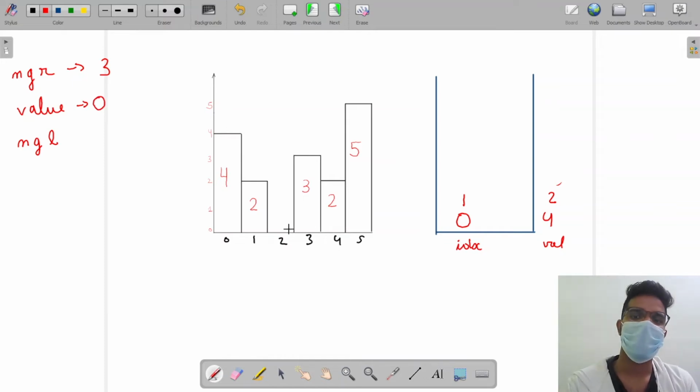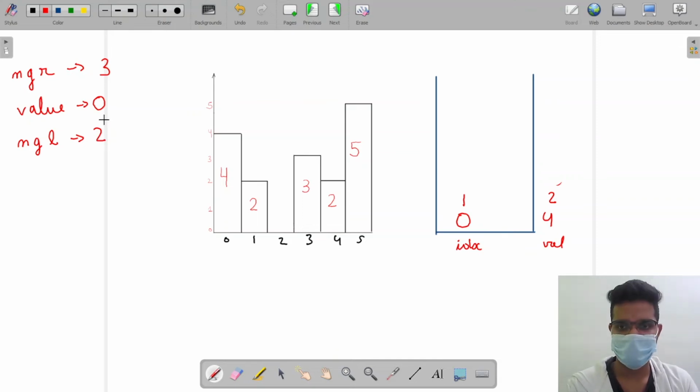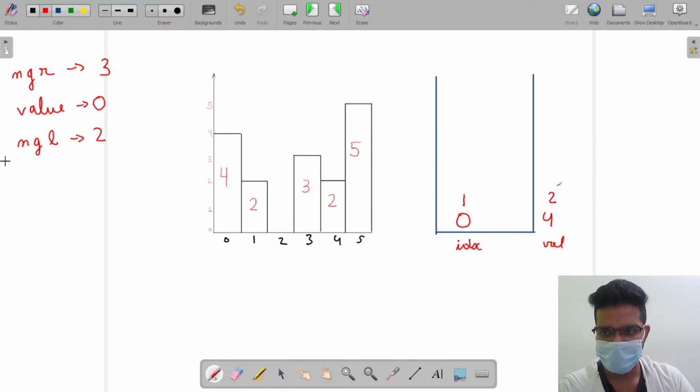And what is its next greater left? Whichever is the top element of my stack, that is value 2, right? So by this, can I get to know how much water I can store? Of course I can. So whichever is less, minus my own height, right? The formula: minimum of next greater right and next greater left, minus height.